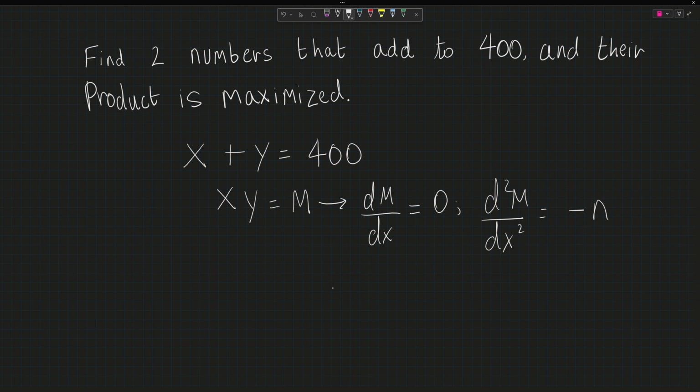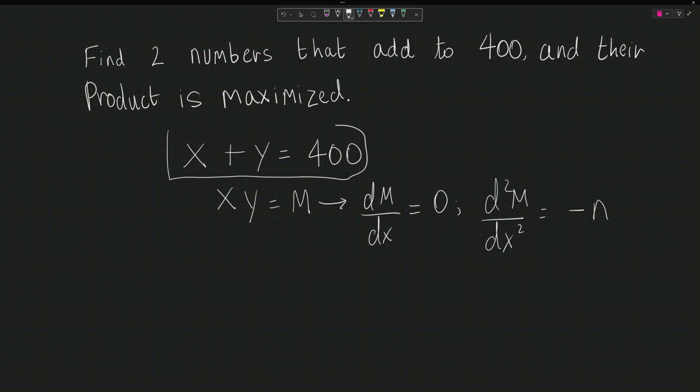Okay? Now, notice we have two variables, and if we take the derivative right now, we'll have a dy over dx, which is not something that we can solve, right? We don't want a dy over dx. All we need is x, something that's solvable. So how do we do that? Well, that's where our constraint comes in.